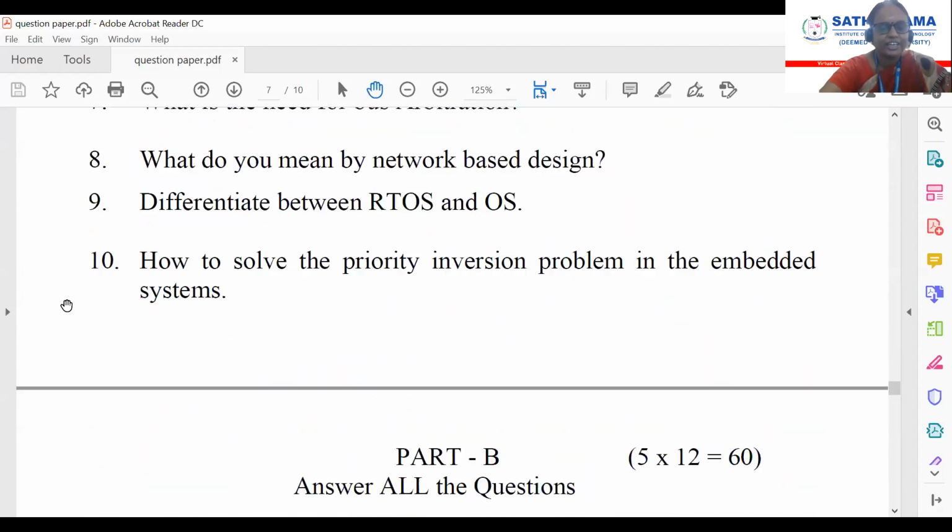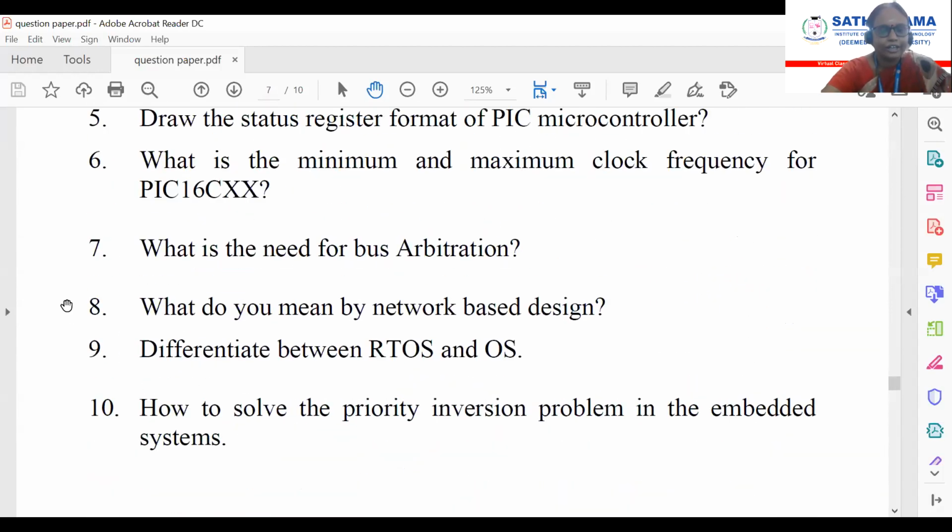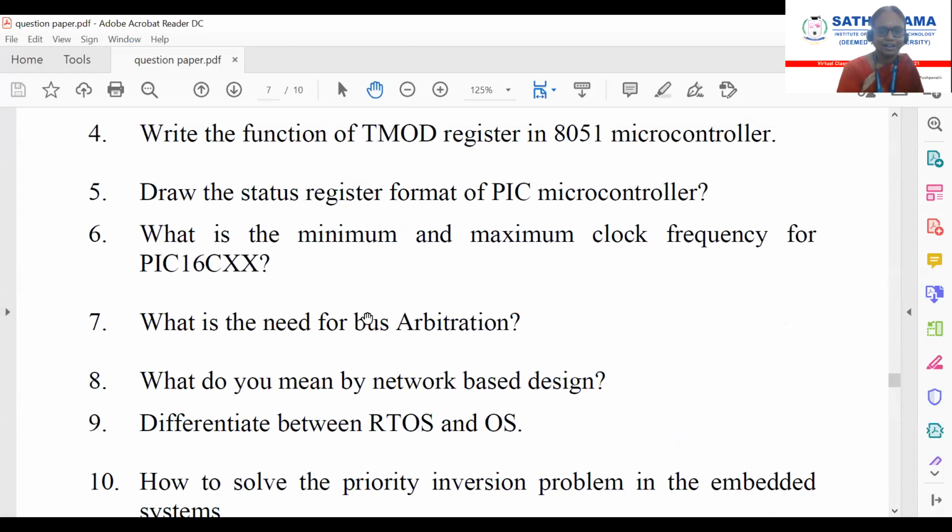Thank you, Jayashri. So the next one, 2 mark. This is your assignment question: bus arbitration. Arbitration decides which bus or message has priority. What is the need for bus arbitration?